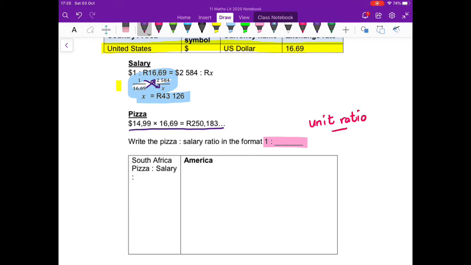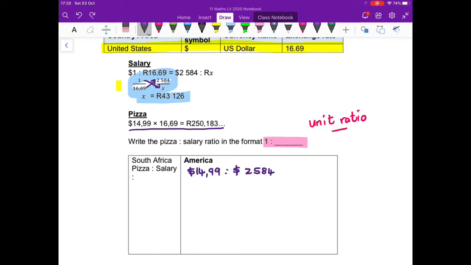So what happens in America, we are doing pizza to salary. So our pizza price was $14.99, and the salary was $2,584. So you saw that I had to go and do a conversion for each of these.